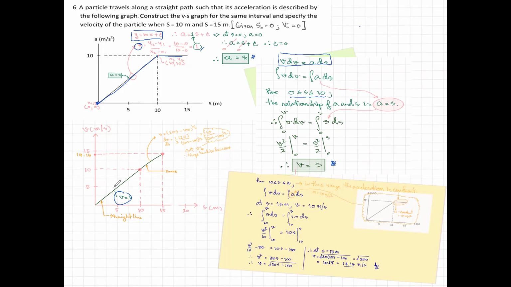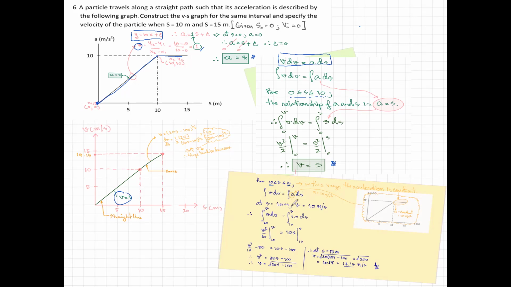But for S greater than 10 meters up to 15 meters, we use the relationship VDV equal to ADS again and integrate both sides.